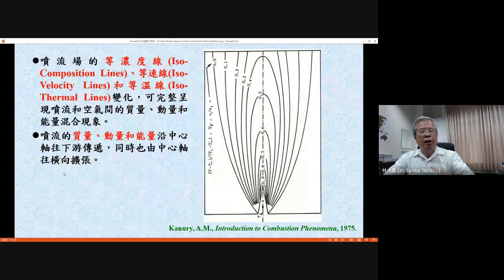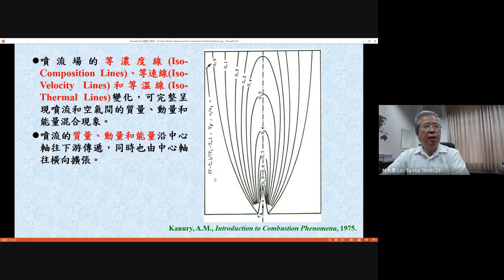Okay, you can do the calculations from analytical results or numerical results, and you will find the overall flow structure like this. And you can have a potential cone here. This perfect cone tells you that in this region, all the points will have the same actual velocity. Out of this potential cone, you will find the so-called iso-concentration lines, iso-velocity lines, and also isothermal lines with some non-dimensional quantity.